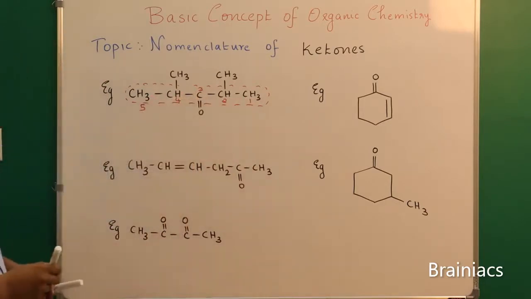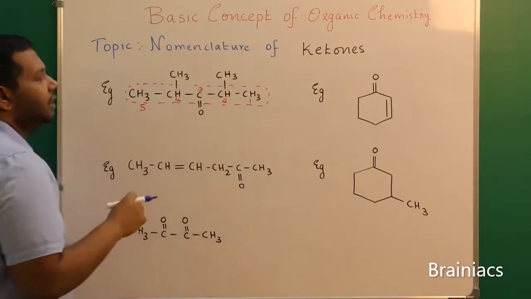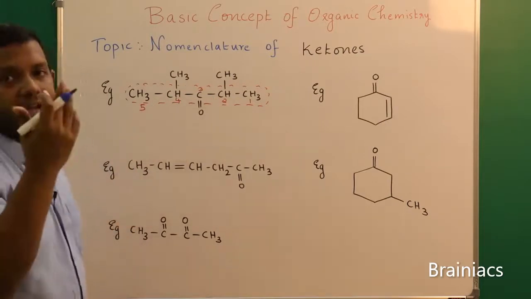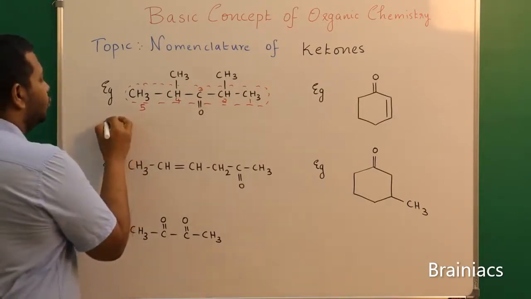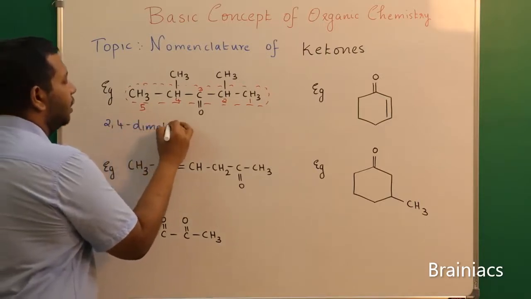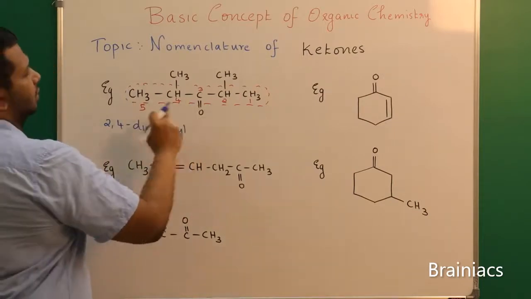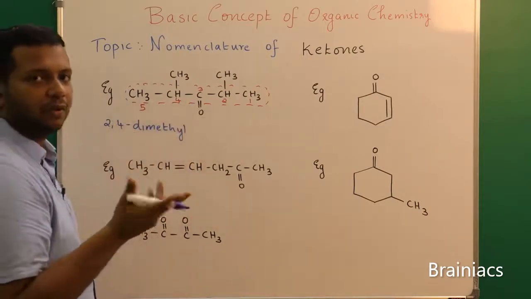Okay, so how will I name this compound? Tell me. First comes the secondary prefix, that is the substituent. At the 2 and 4 positions you have methyl, so we say 2 comma 4 hyphen dimethyl. Correct. Now the word root: there is no primary prefix, since it's not a cyclo compound.